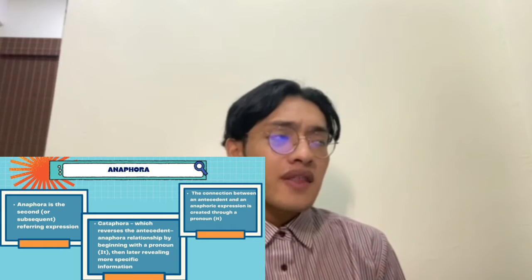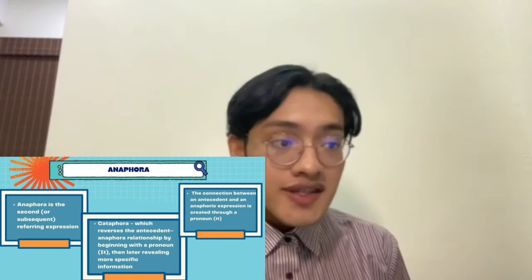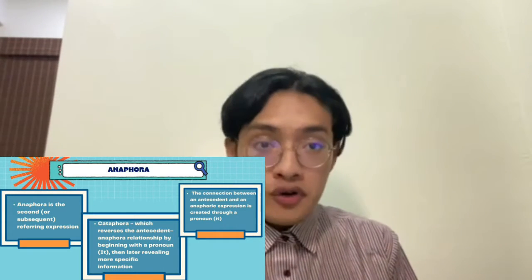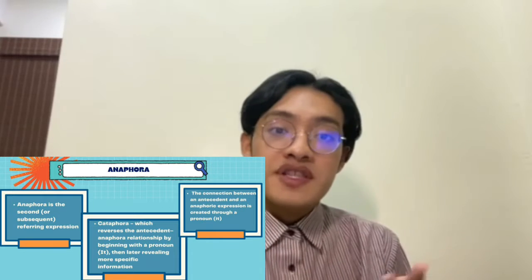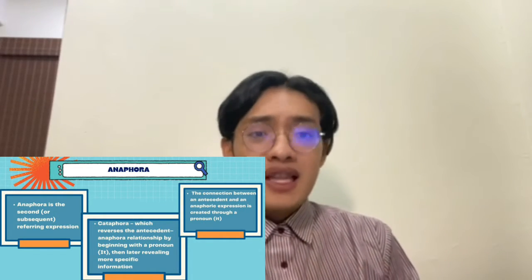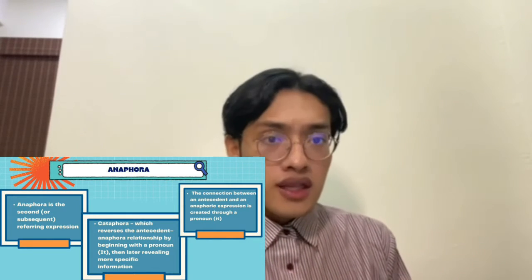Okay, so the next thing is, there's also cataphora, which reverses the antecedent-anaphora relationship by beginning with a pronoun, then later revealing more specific information. So, for example, it is believed to be dead. The fish is literally rotting.